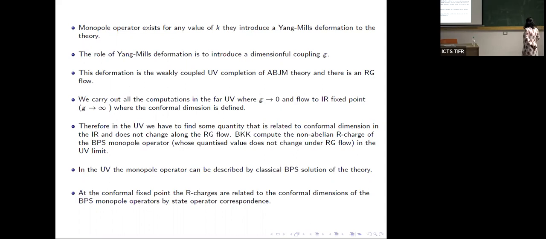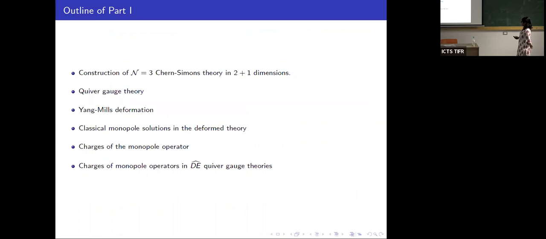In the UV, the monopole operators can be described by classical BPS solutions of the theory. At the conformal fixed point, the R charges are related to the conformal dimension of the BPS monopole operators by the state-operator correspondence. So the first goal is to find a classical BPS solution in the theory and then find its charges. This is the idea behind the calculation.